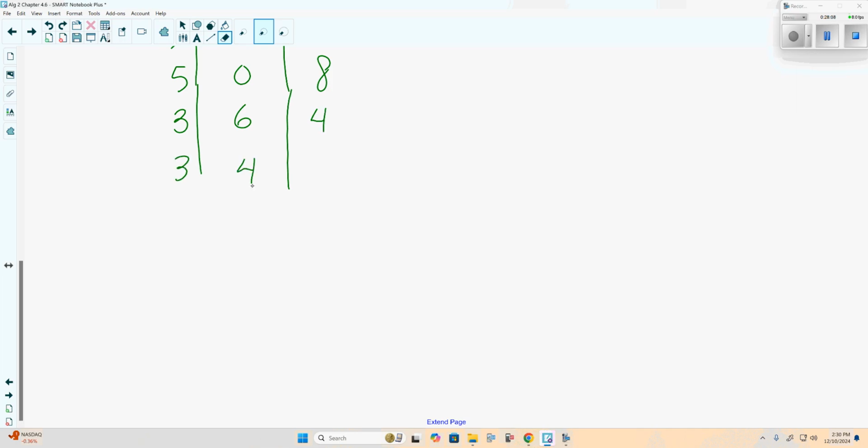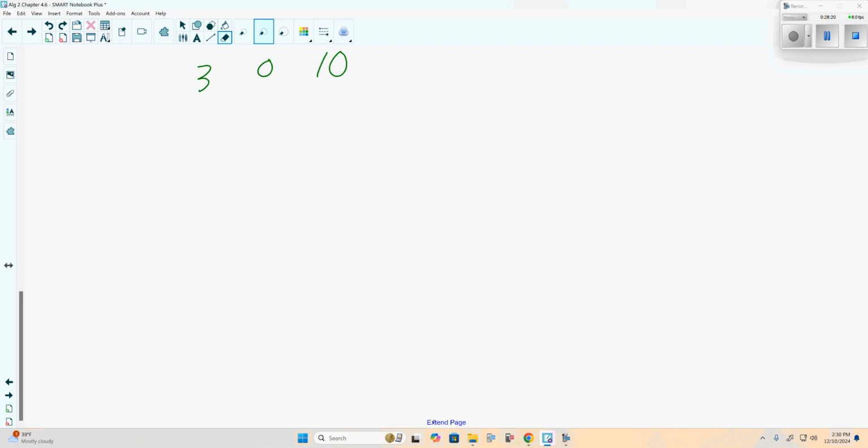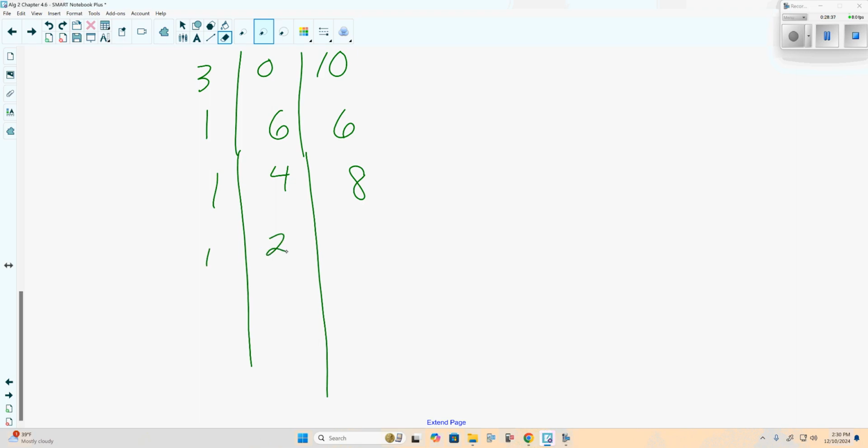Then we'd have 3, 4, 6, 3, 2, 8, 3, 0, 10. Then we do 3 minus, so take another 2 away, so we'd have 1, 6, so because that's 7, we're trying to get to 13, so we'd have 6, and we'd have 1, 4, 8, 1, 2, 10, or 1, 0, 12.